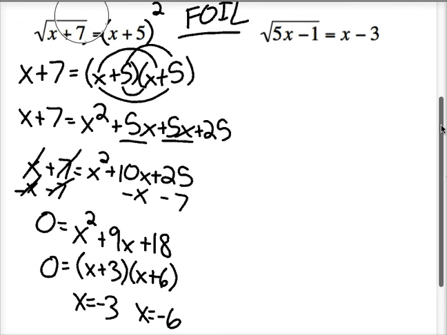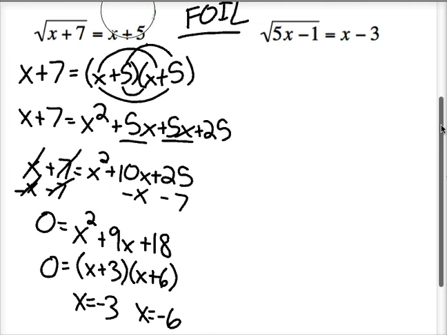So I'm going to go back and look at this. So remember when I said an extraneous solution is something that doesn't work in the original context of the problem. So if I were to plug in -3 for x, -3 plus 5 gives me a +2. So that turns out just fine when I use the -3.